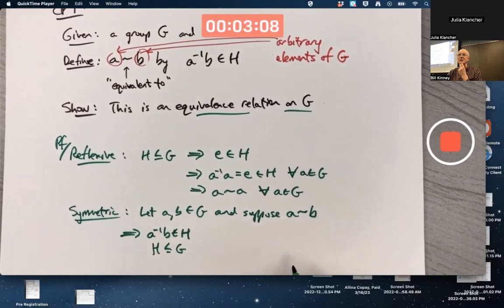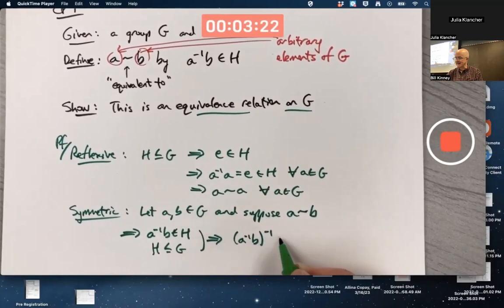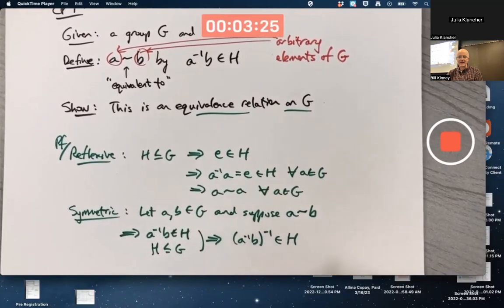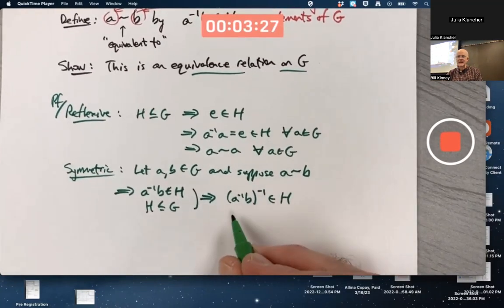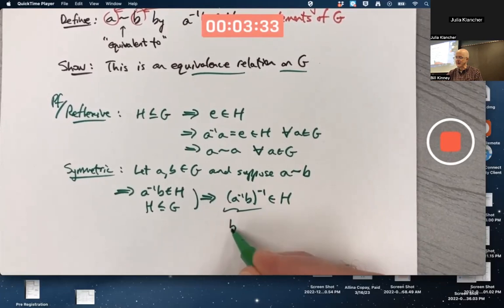Probably shouldn't even call it a trick. What's a fundamental fact you need to use about subgroups here? They are closed under taking inverses. And why is that helpful? Because of socks and shoes, (A inverse B) inverse, you switch around the elements and take each of their inverses.